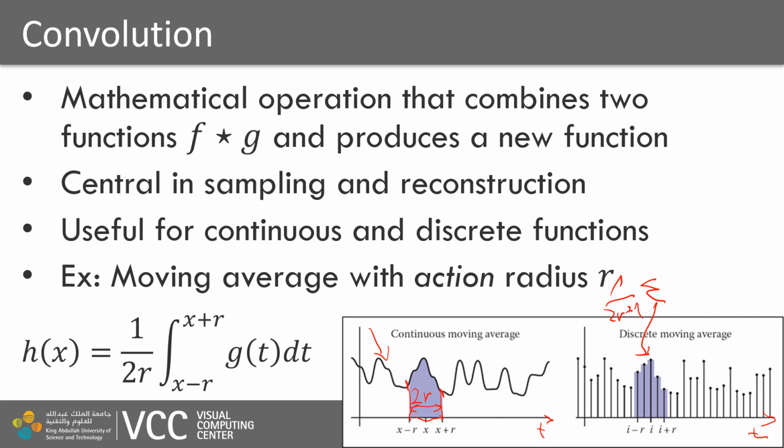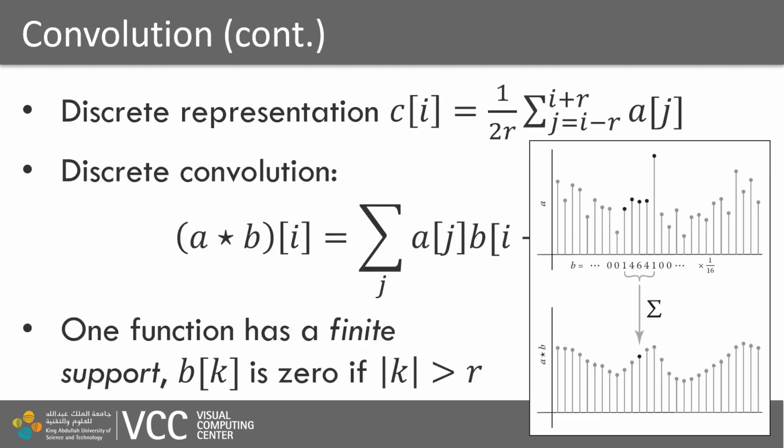Plus 1 here because 1, 2, 3, 4, 5. Our r is 2 in this case. So we have two elements on each side which we want to average. So this is 4 plus 1, which is 5. Okay, so this is one example of a convolution, fairly simple to start with.